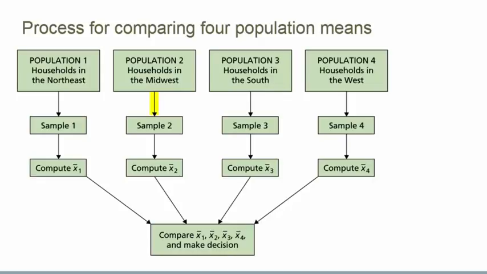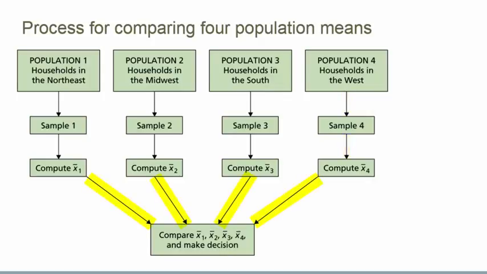We take a sample from population 2, compute the sample mean, x bar sub 2, then take population 3, households in the South, take a sample from that population, compute the mean, x bar sub 3, population 4, households in the West, which we take a sample from, and compute the sample mean, x bar sub 4.